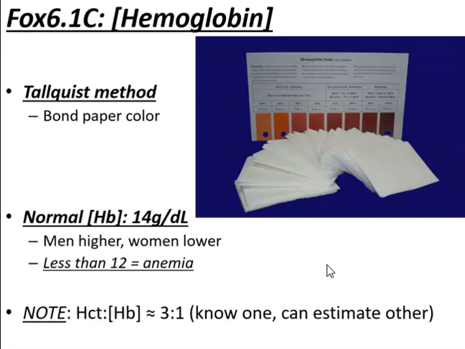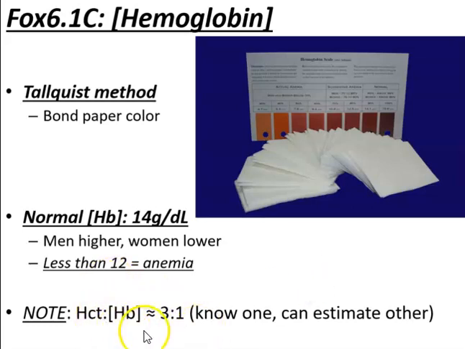Now, if we have a hemoglobin concentration less than 12, we would consider pathological condition of anemia. Note also that there is a specific ratio of hematocrit to hemoglobin concentration, and that ratio is 3:1. Now, if we know this ratio, we can estimate the other.